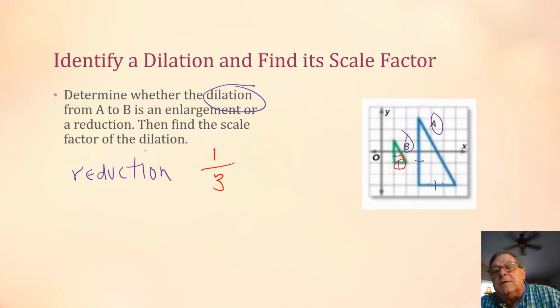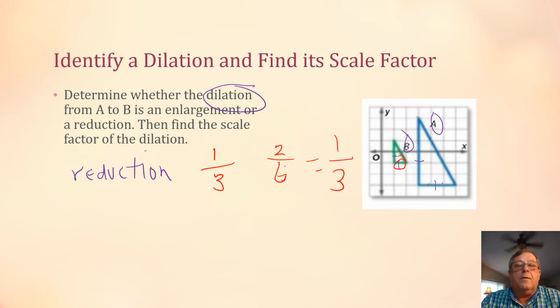Let's check the other side just to make sure it still comes up to a 1/3 just for fun. If I take this leg right here, it went up by 2. And this leg, 1, 2, 3, 4, 5, 6. Well, shazam, 2 over 6 also equals 1/3.